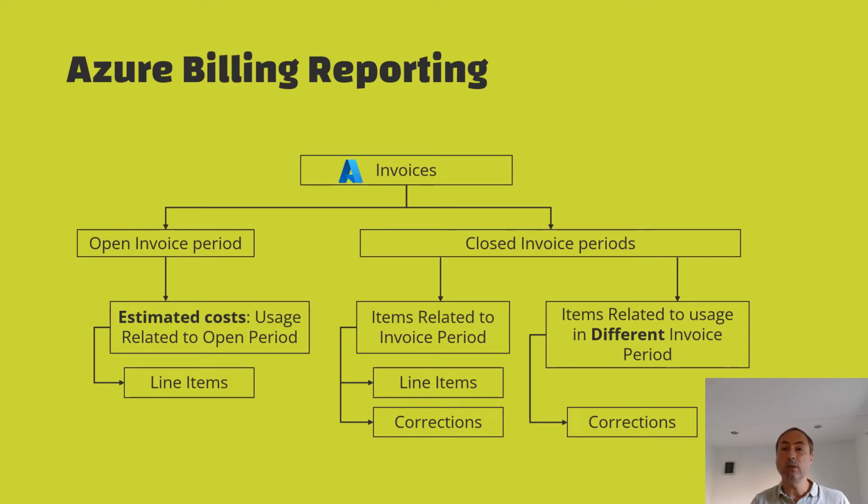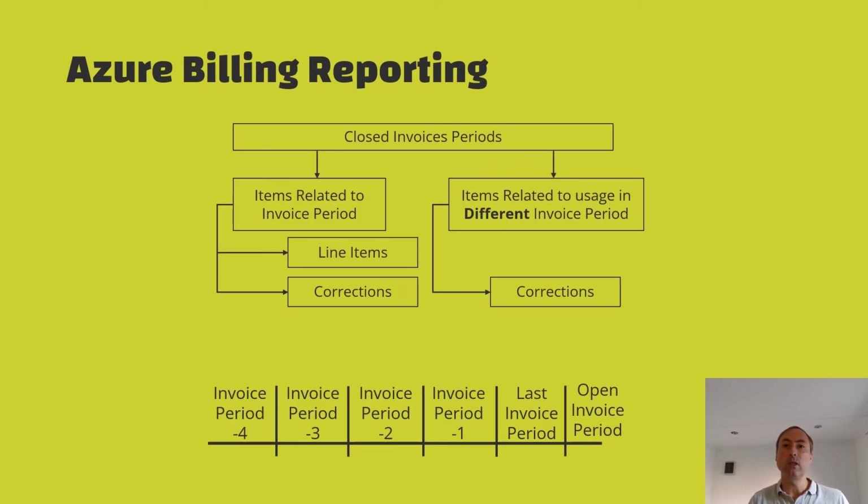And then we have the corrections related to usage in other invoice periods. And corrections can be based on, for instance, free usage, credits, or outstanding charges applied to the invoice period mentioned. So let's see how that works out in regards of an invoice period.